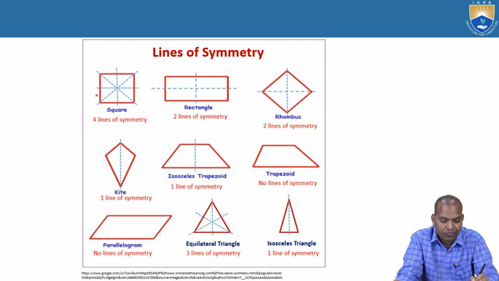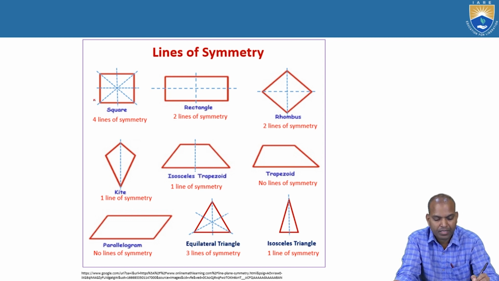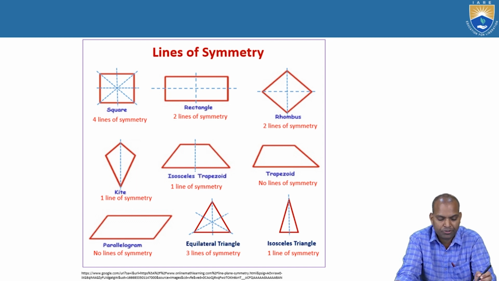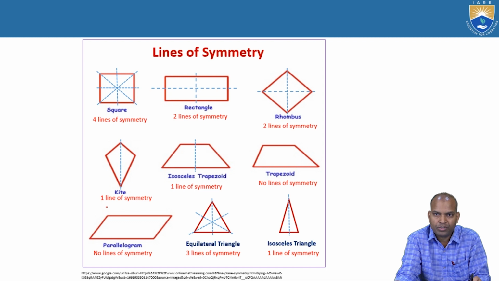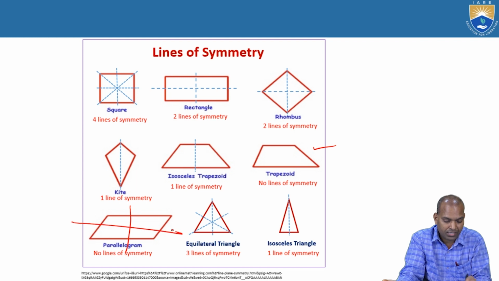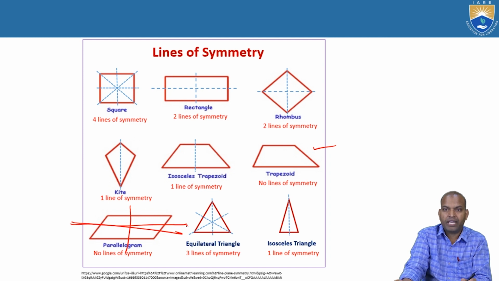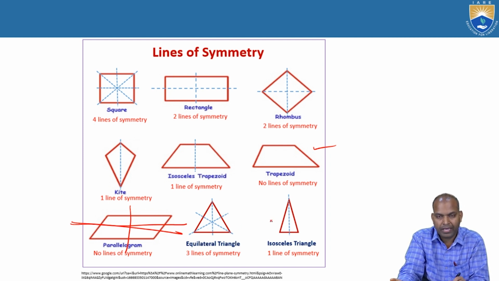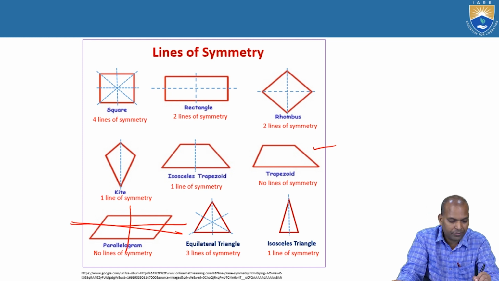The square has 4 lines of symmetry, the rectangle has 2 lines of symmetry, the rhombus has 2 lines of symmetry, and the kite has 1 line of symmetry, that is the vertical axis. The isosceles trapezoid has 1 line of symmetry, while this trapezoid has no lines of symmetry, that means it is unsymmetrical. The parallelogram is also unsymmetrical. The equilateral triangle has 3 lines of symmetry, and finally the isosceles triangle has 1 line of symmetry.